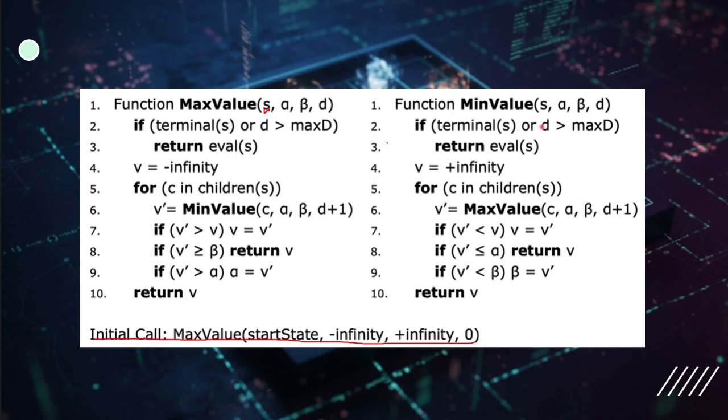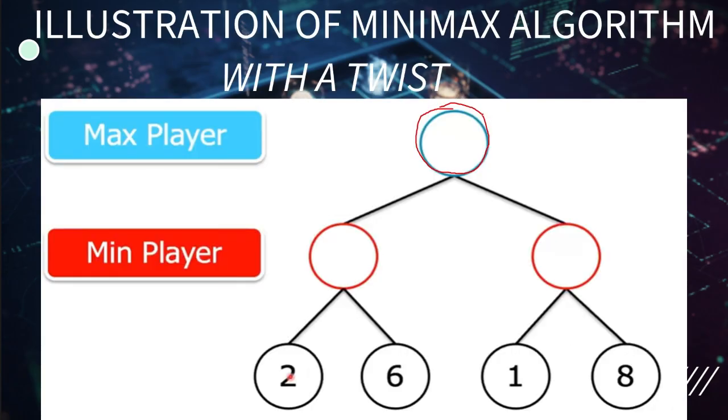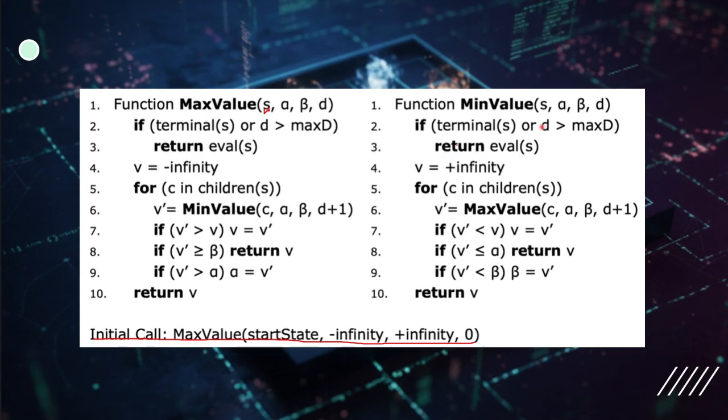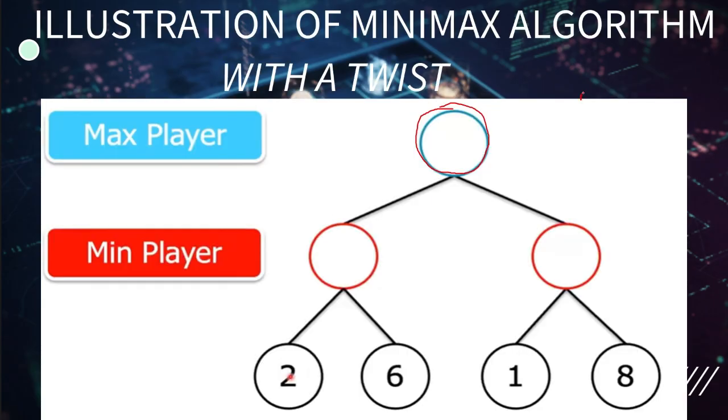So at the start of the function, we have explored till depth 0, obviously. Fine. So now, this is the initial state of our game, and we are the maximizing player, so we pass the initial state from the max value function. Fine. Okay. So if terminal S or D equals max D, for now I am assuming the value of max D, which is obviously a constant, as 3, because my tree on the screen is still a depth of 2 only. Okay, so max D is 2, not 3, sorry.